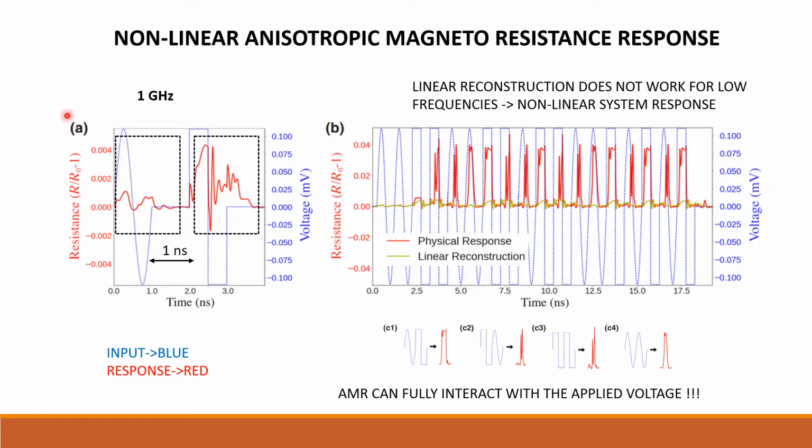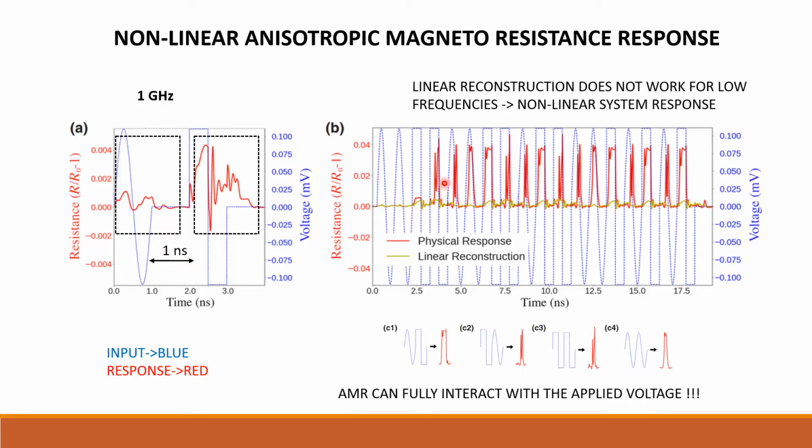As you can see from figure A, the resistance goes back to its initial value after approximately 0.6 nanoseconds. And the black rectangles are the individual responses. And those responses will be used for linear reconstruction in the second experiment.